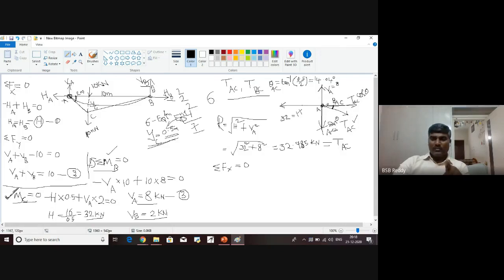So horizontal forces, how are they? 32 and TAC cos theta. They are opposite, right? So 32, minus 32, if you assume the left hand side acting forces as negative, plus TAC cos theta is equal to 0.